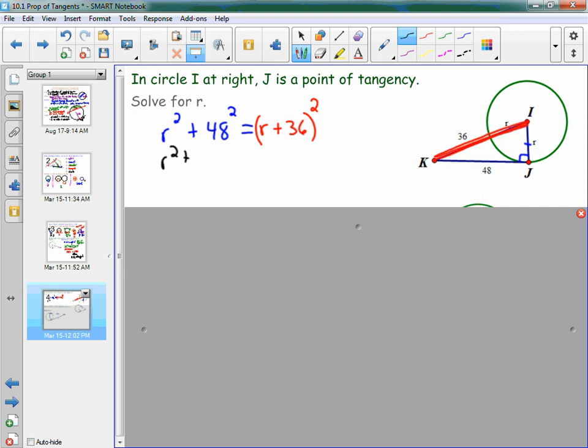We will square out on our left side. Now, this is the same as R plus 36 times R plus 36. And we will FOIL or distribute or box or however you multiply this.